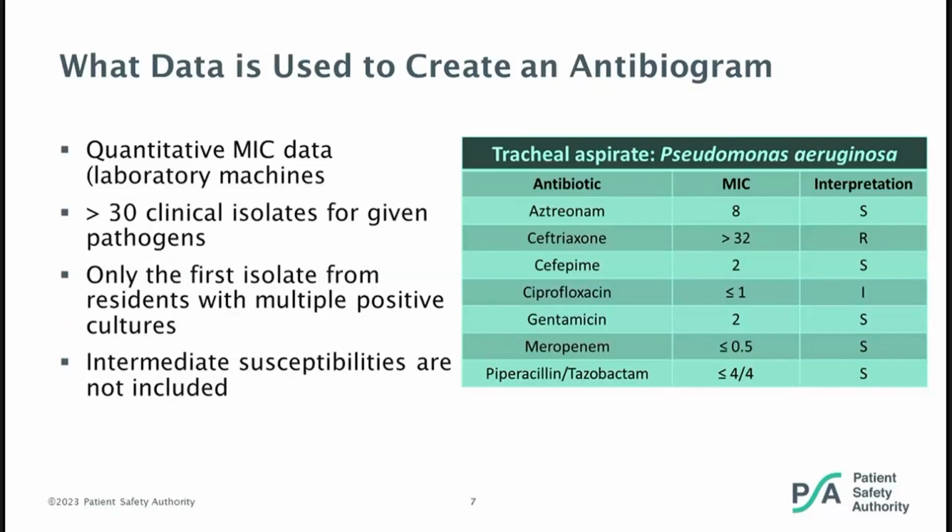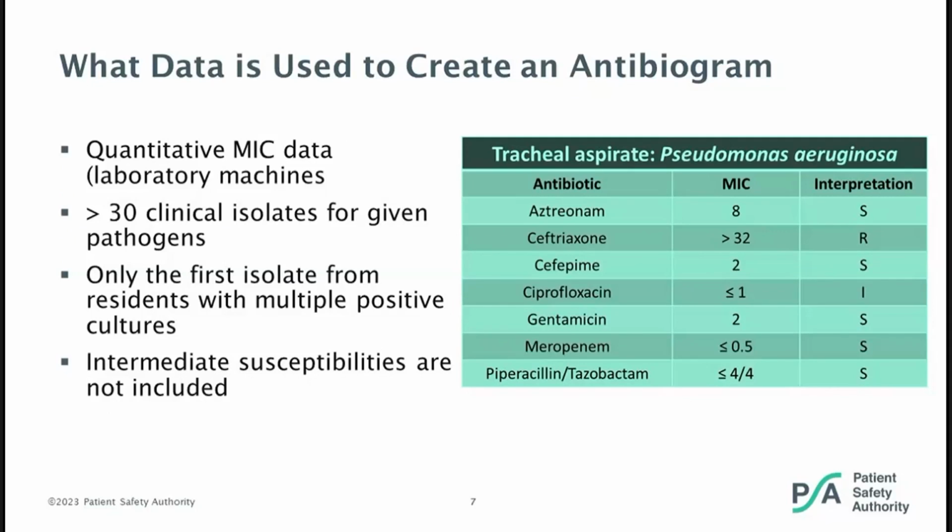We are not going to use surveillance specimens. We only want clinical specimens to be included. You want quantitative MIC data, and this is information from your laboratory. You want a minimum of 30 clinical isolates for given pathogens.